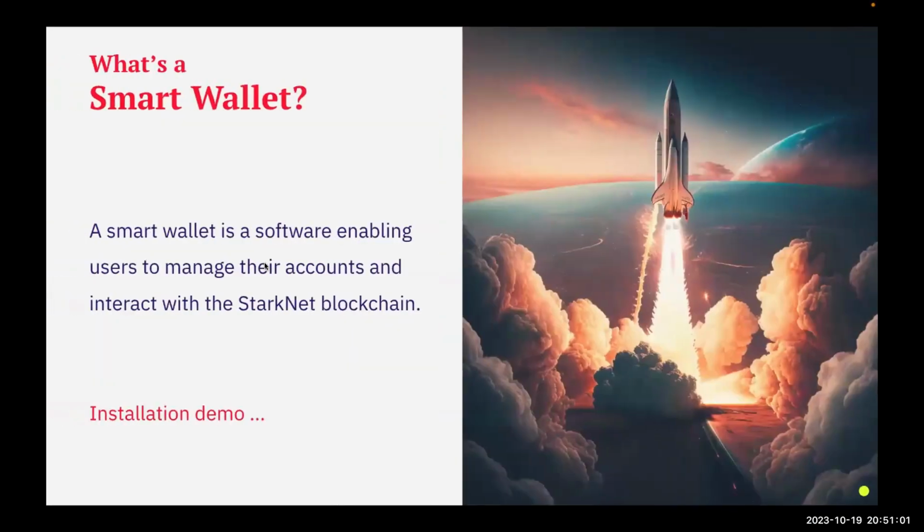Okay. So what is a wallet? A wallet is a smart contract software enabling users to manage their account. It allows you to manage your keys and sign your transactions on the blockchain. This means you do not need to sign your contract or use your keys manually.